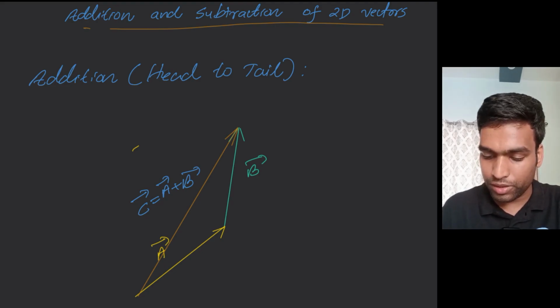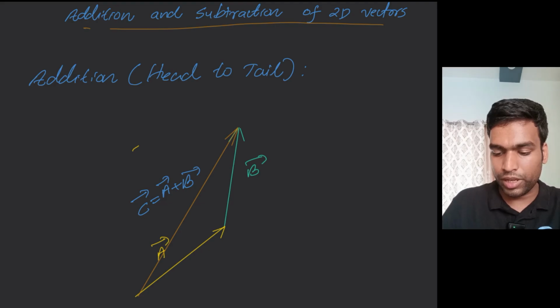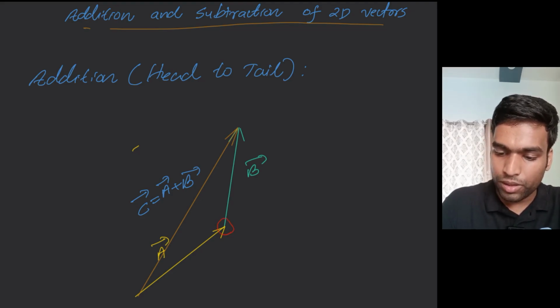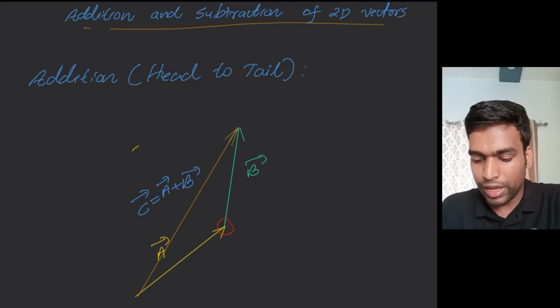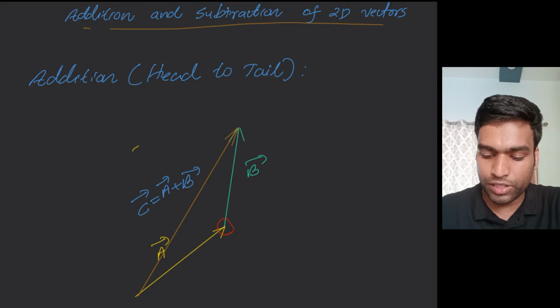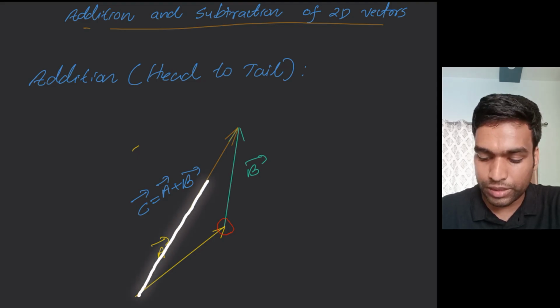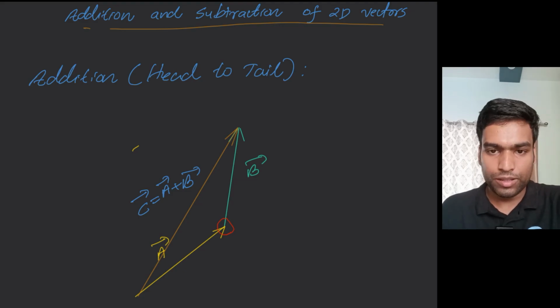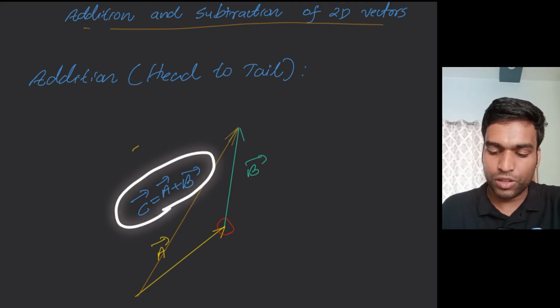You copy vector a and take another vector b without changing the direction and make them contact like this. See here, the head of A is connected to the tail of B, and to find the resultant vector, you have to draw a vector from the tail of A to the head of B. So that's the sum of these two vectors, C equals A plus B.